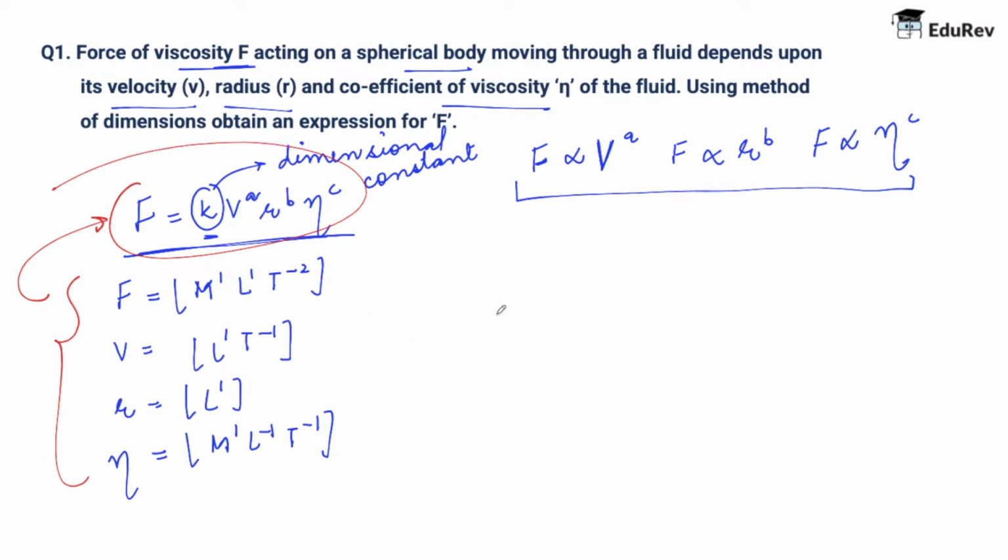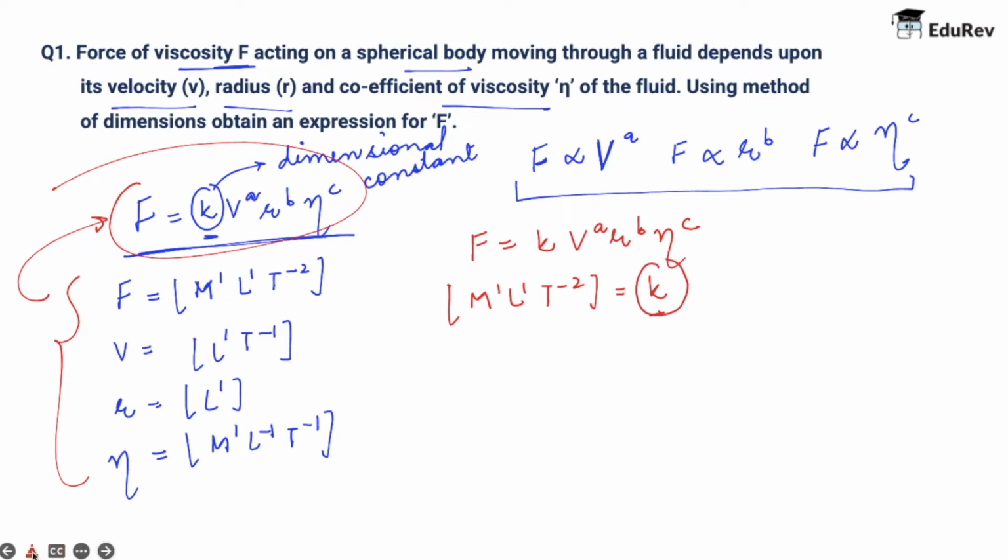Okay, so I will basically write that F equals K, and here I am going to write M L T. Then you need to point out one thing, that K is the dimensional constant. So K is not going to have any dimensions, so I should not mention K here. So I'm going to erase it, K shouldn't be here.